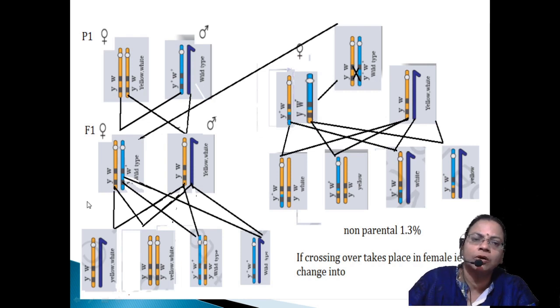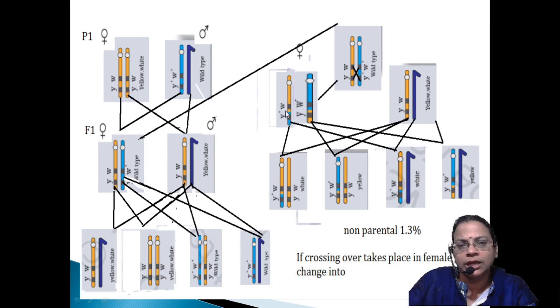A bit of this can move to this. That is why here two colors, blue color as well as the yellow color, Y plus W. And another possibility YW plus. And like this, the recombined gametes have equal possibility of combining with the male.